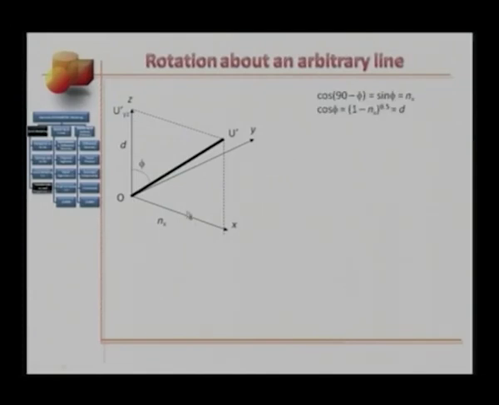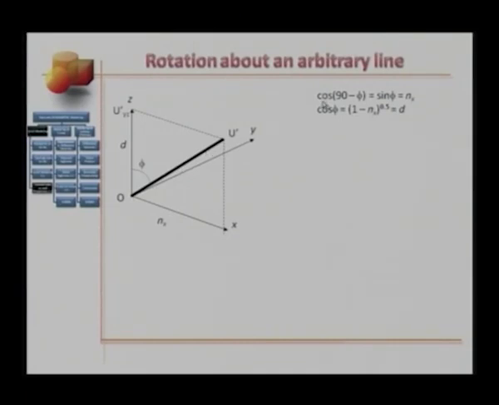From trigonometry, this angle is 90 minus phi, and so the cosine of this angle is Nx over OU prime, the length of which is 1.